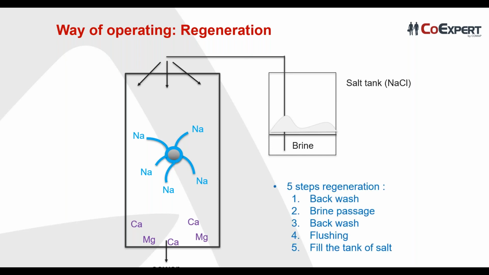So it's a 5-step regeneration: a backwash first, in order to avoid preferential routes inside the resin and make the water run everywhere, a brine passage, another backwash, a flushing in order to remove all the salt, and at the end, it's necessary to fill again the salt tank in order to produce brine for the next regeneration. Okay, so that's the way of operating the softening process on one hand and the regeneration on the other hand.